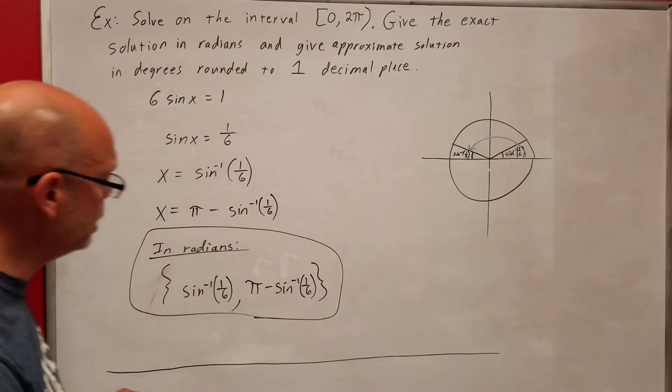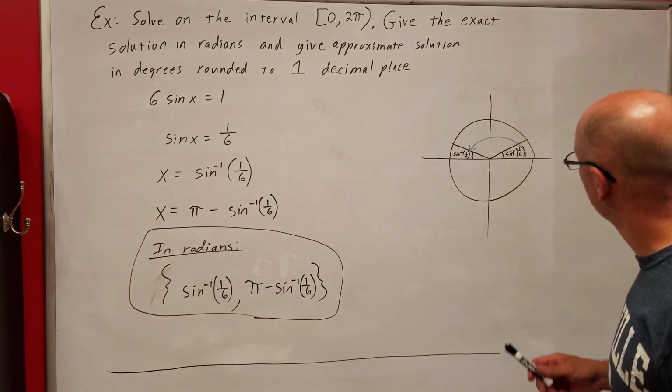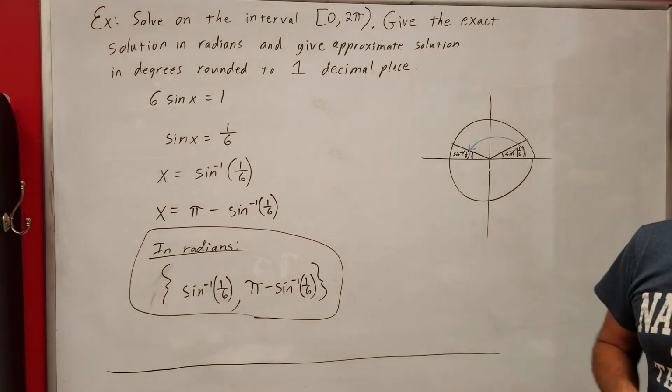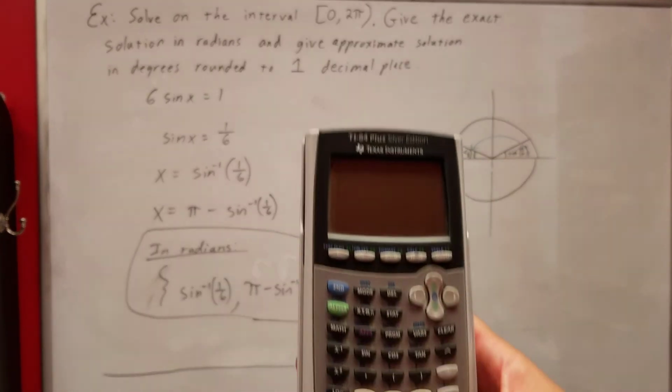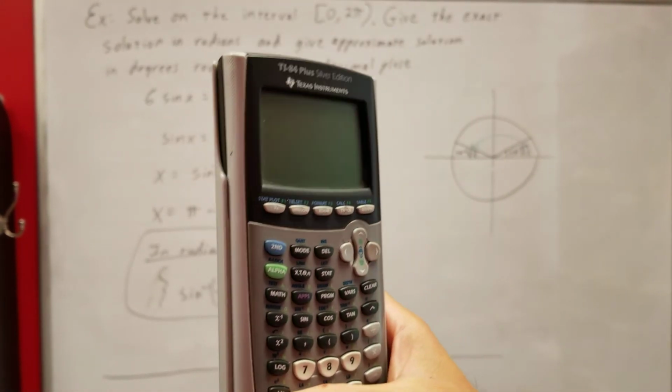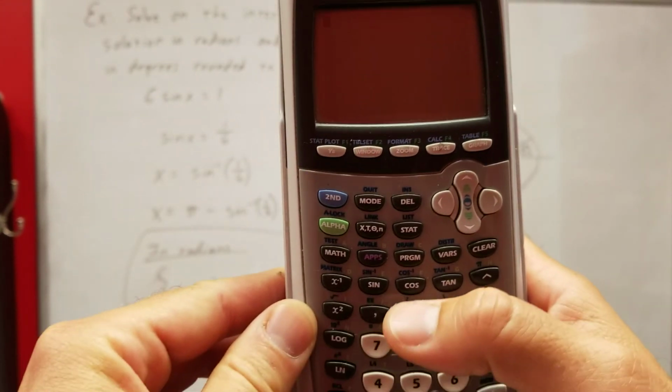All right, now what about in degrees? Well, that's when it becomes calculator time here. So we'll get out our calculator and we're going to enter some stuff here, okay? Now for the calculator, what do I need to make sure of? I need to make sure I'm in degree mode.